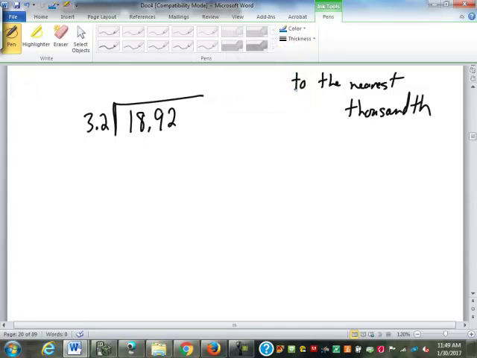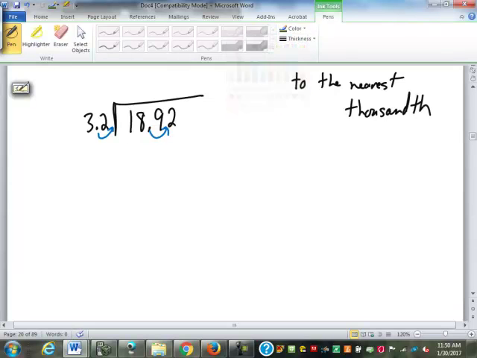Well, how do we divide by a decimal? Well, the answer is we don't. What do we do so that we don't have to divide by a decimal? We've been taught you move that decimal point over and make that a 32. But when we do that, what else do we have to do? Move the other decimal point over.